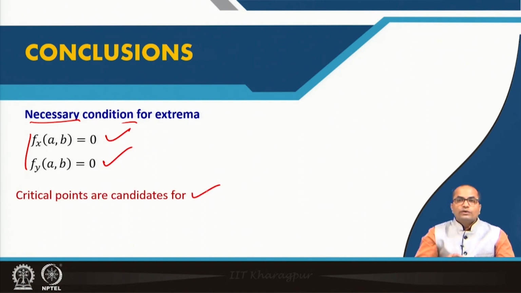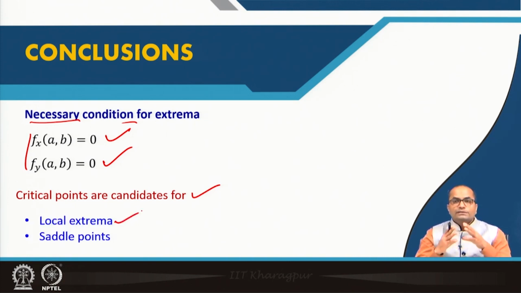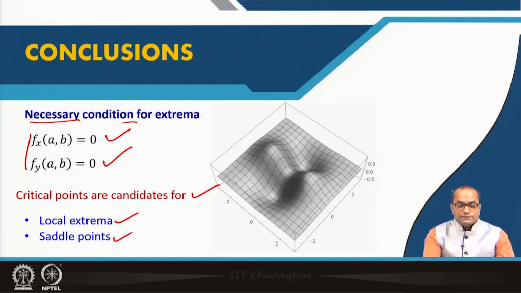And these critical points are basically the candidates for local extremum, meaning the local maximum, local minimum, and some of them may also be saddle points. As we have seen in the previous lecture, by this surface itself we could realize the points of local extremum or extrema and the saddle points.